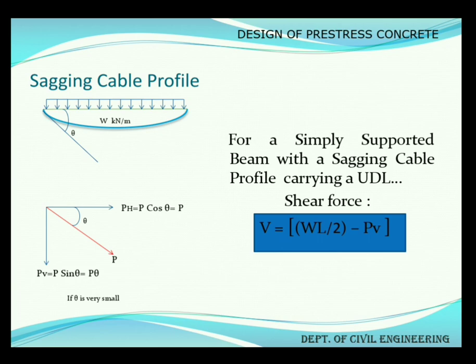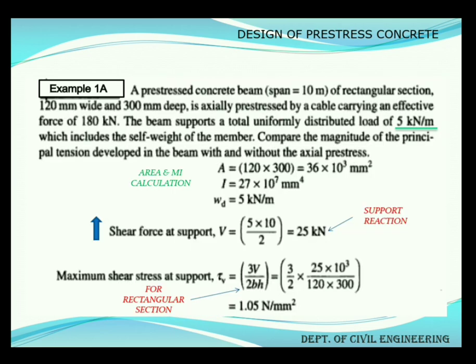We get the shear force as WL by 2, that is the reaction, minus PV, that is the vertical component of the pre-stress. So if you note down this formula and the previous formula, it will be easy for solving the examples. Now let's move on to the first example.